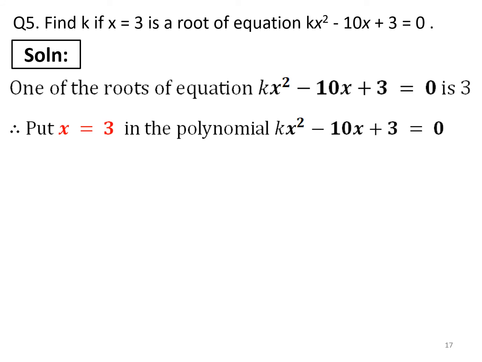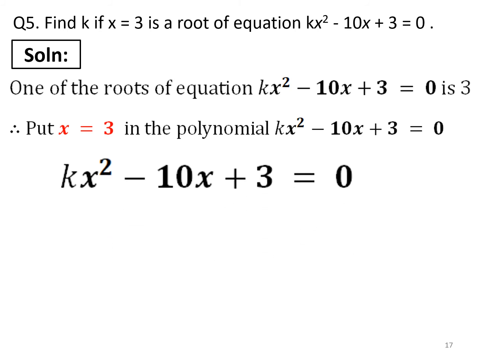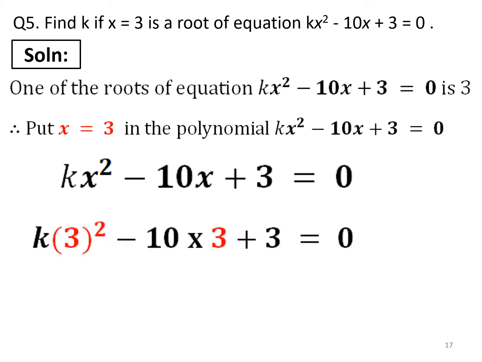So put x is equal to 3 in the polynomial kx square minus 10x plus 3 is equal to 0. Substituting the value of x as 3, 3 squared k minus 10 into 3 plus 3 is equal to 0.